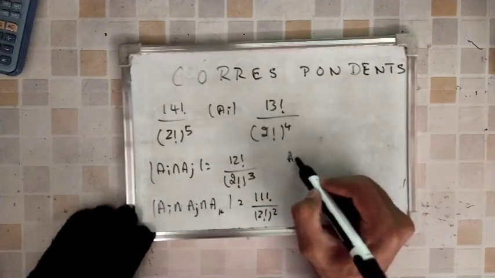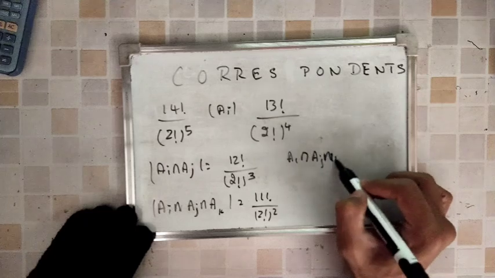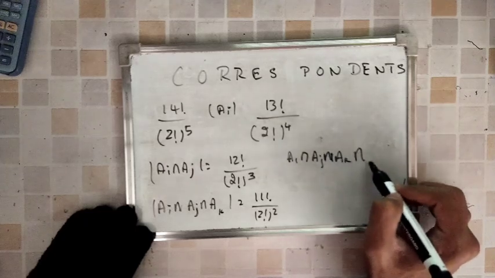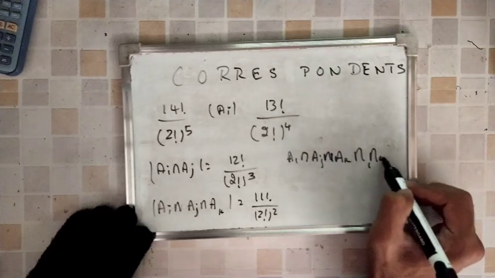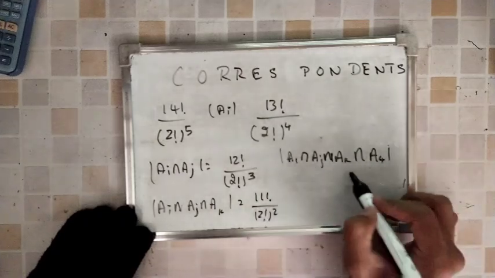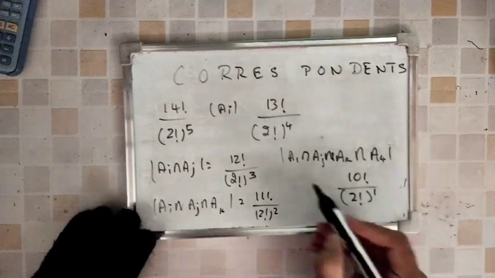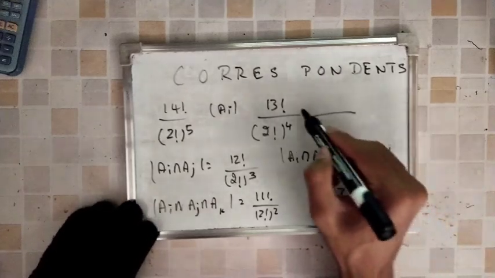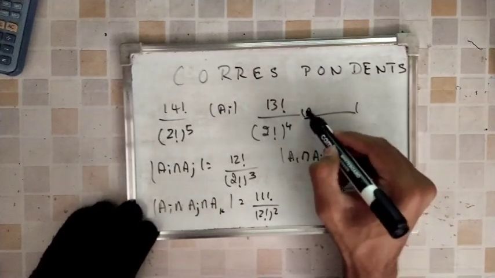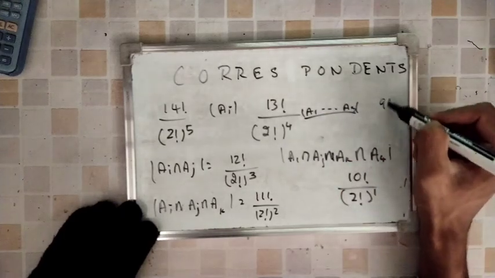Then if I take Ai, Aj, Ak, Al, that will be 1 less, 10 factorial divided by 2 factorial to the power of 1. Then if I take all 5, A1 to A5, it will be only 9 factorial.